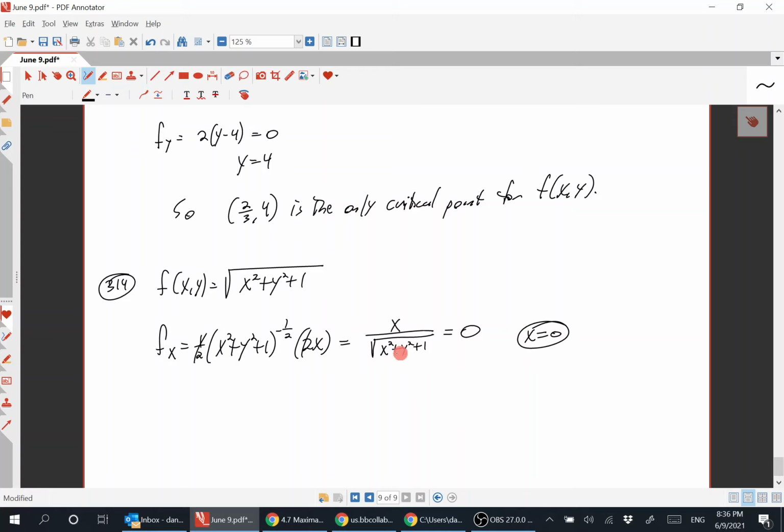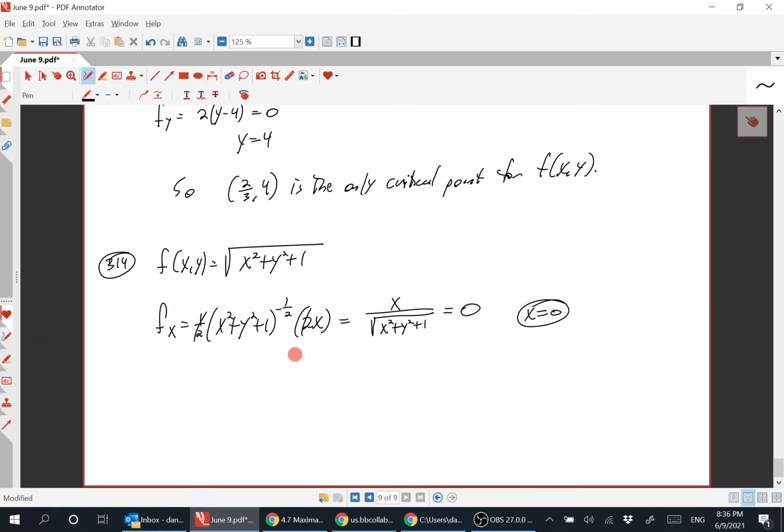Because at x equal to 0, the denominator is a positive number. x squared plus y squared is bigger than or equal to 0. So it could be 0, but you're adding 1 to it. So it's never 0 on the bottom. The partial derivative with respect to y is the same. It's a symmetric function here.